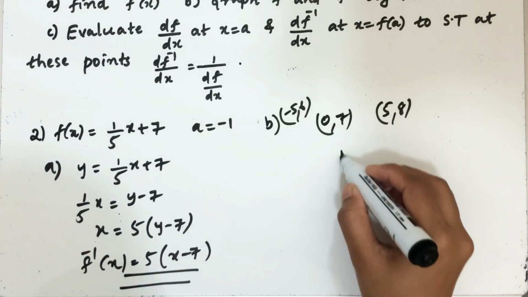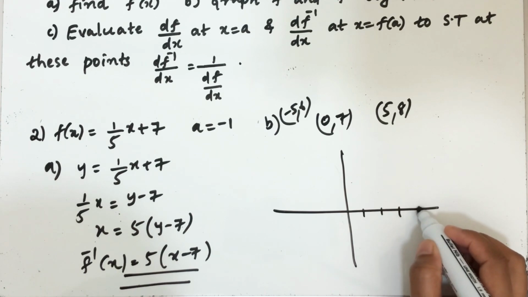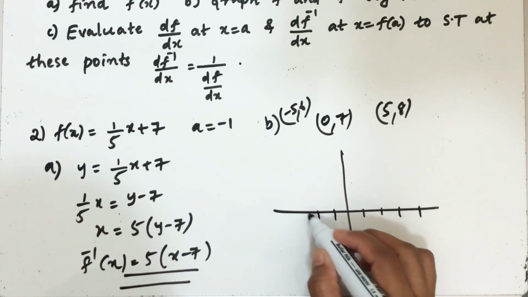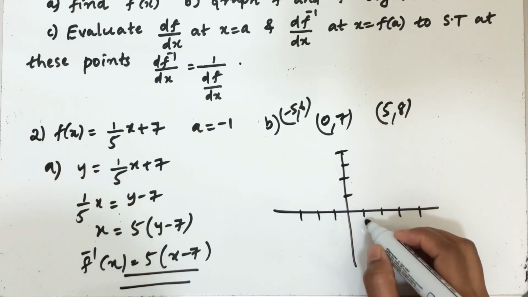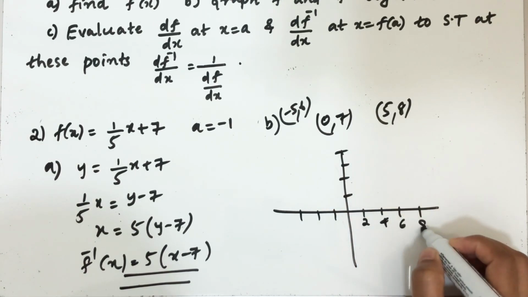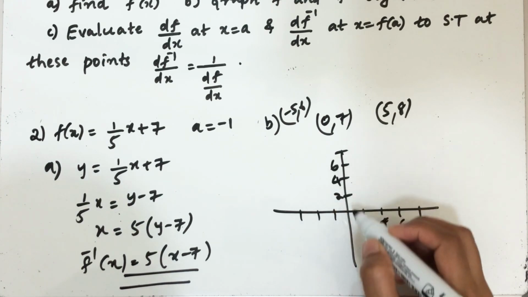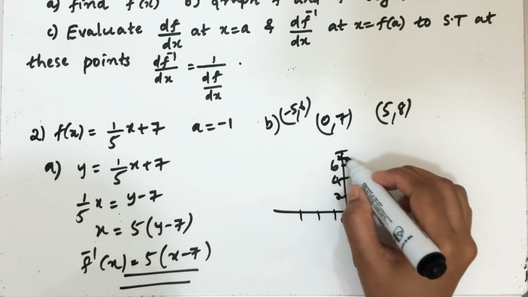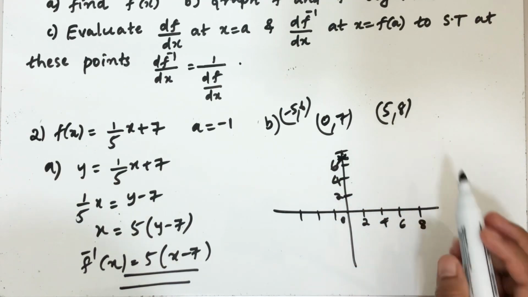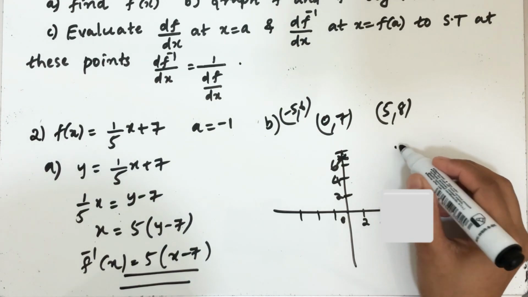So we can draw the graph. 2, 4, 6, 8. So 0, 7 is this point. 5, 8.